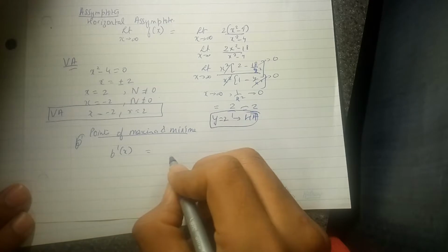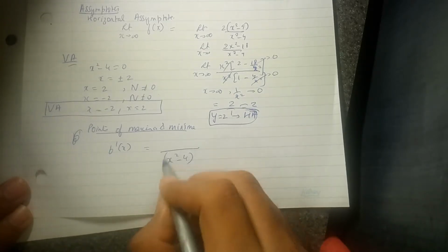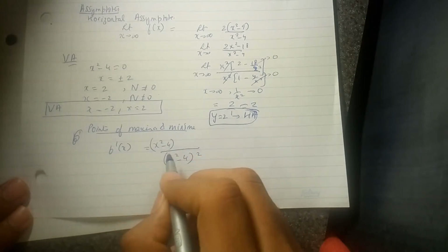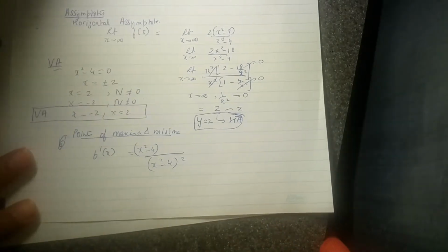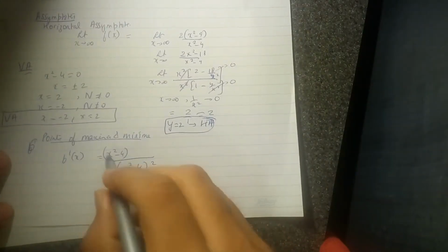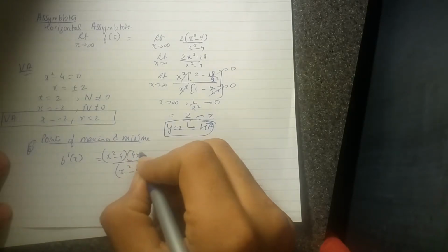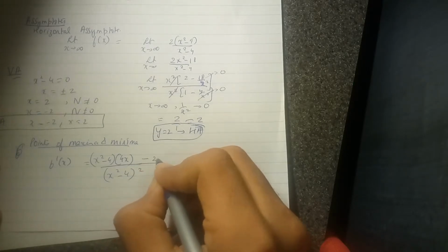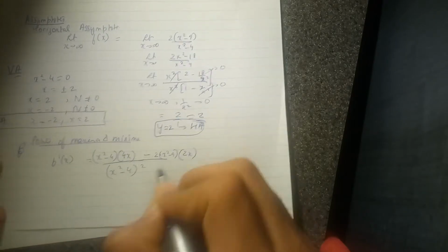So f dash of x would be, using the quotient rule, x squared minus 4 times the differentiation of the numerator 2x squared, which would be 4x, minus 2 into x squared minus 9 into 2x.